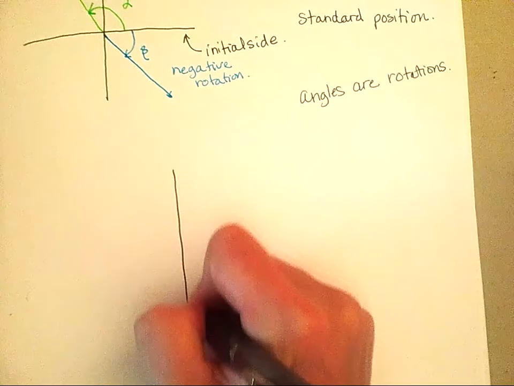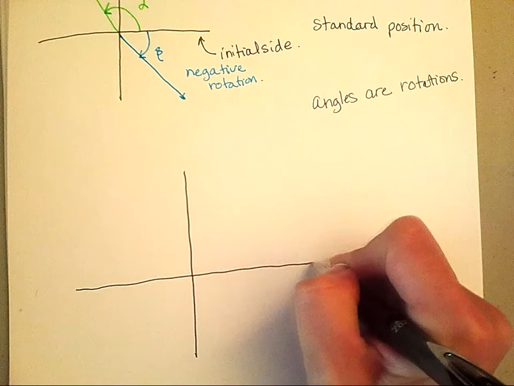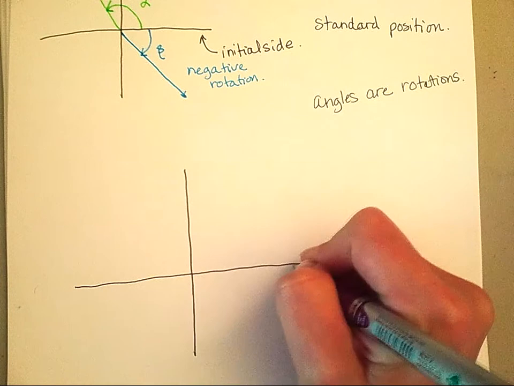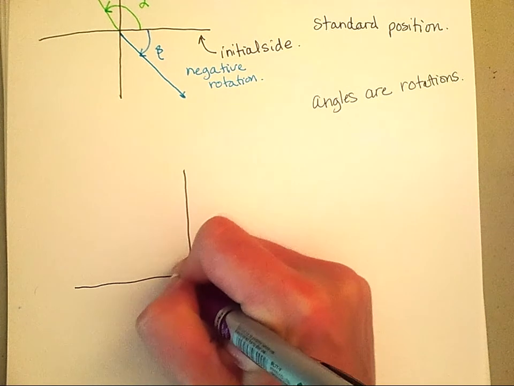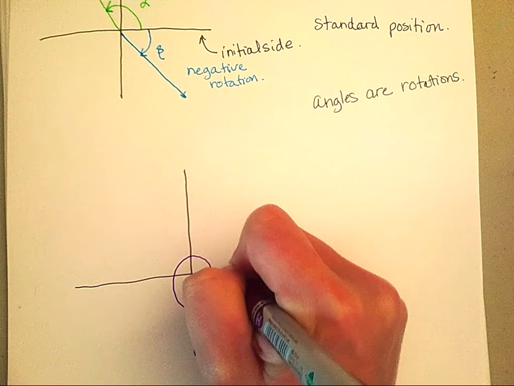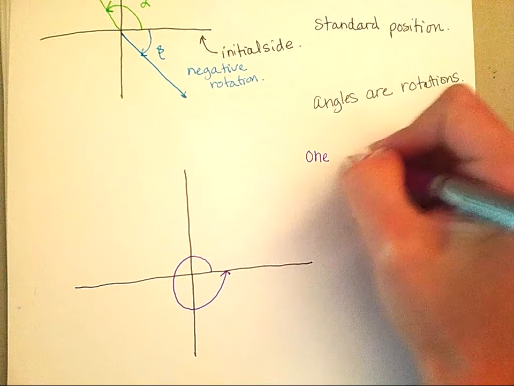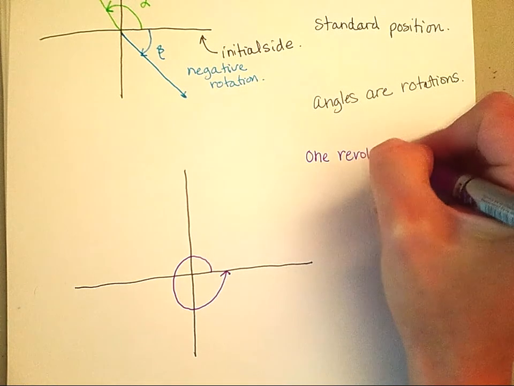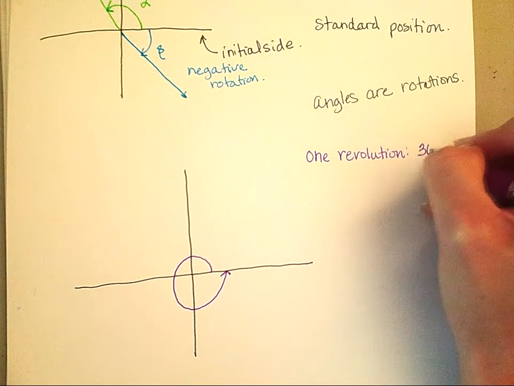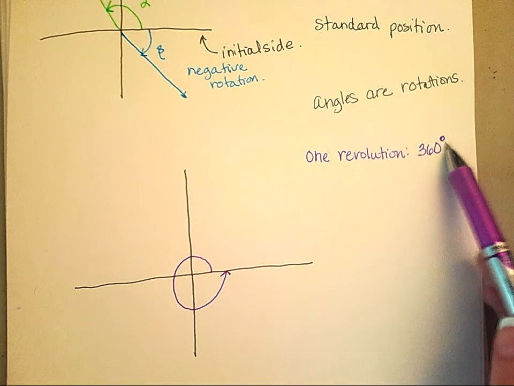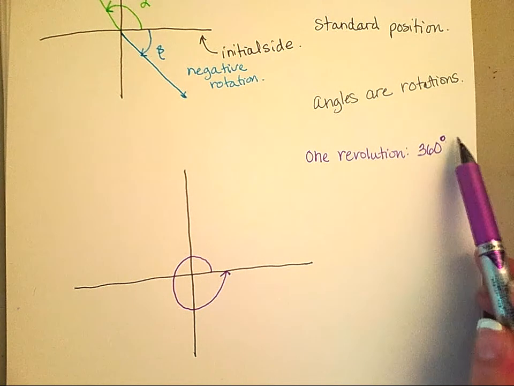So let's think about our standard xy plane, the Cartesian plane. Now we know that starting from our initial side, one full revolution is 360 degrees. Remember your degree symbols. We're going to want to forget about them, but we have to be careful.